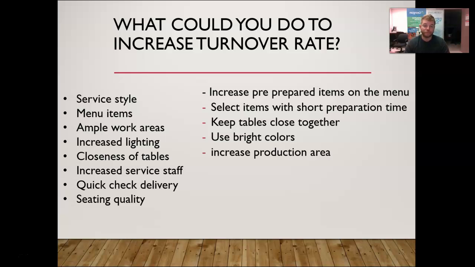This is a great piece of advice: if you can increase how fast the food comes out, then you should be able to reduce the amount of time every customer stays there. Decrease menu selections as well. You get faster production times because they have more practice doing the actual entrees, and it also takes less time for the customer to select what they want.